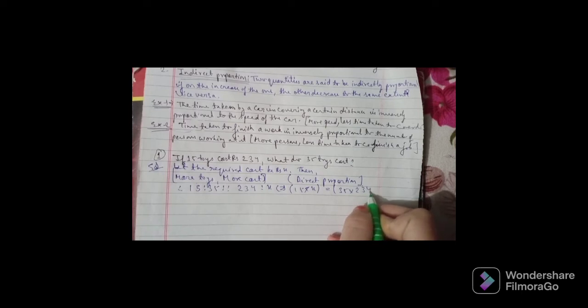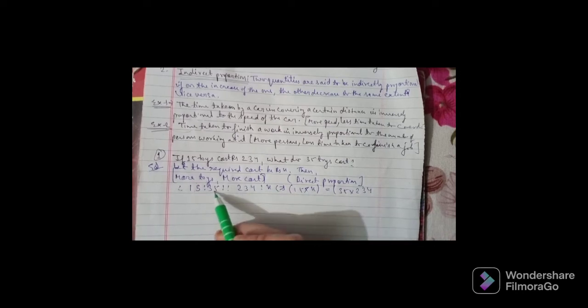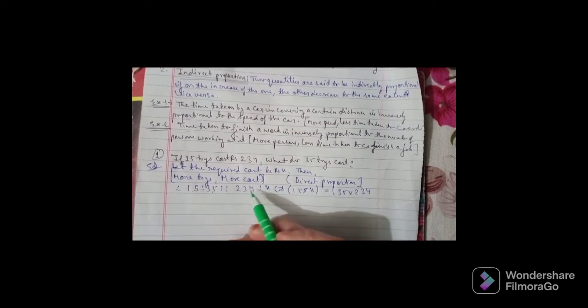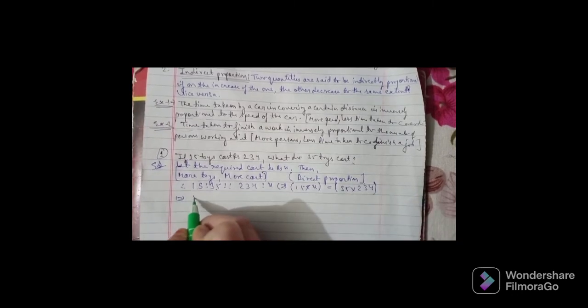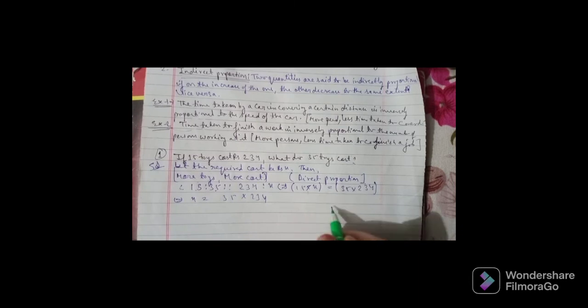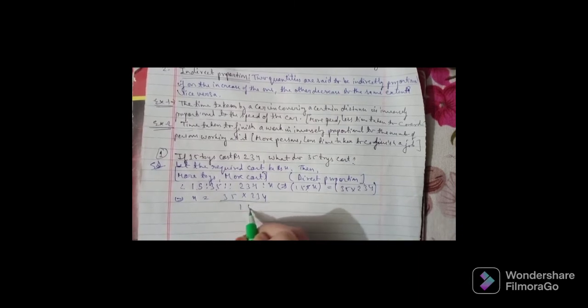Okay, then this is on divide: 15 upon 35 and 234 upon X. So X will multiply 15 and 35 will multiply 234. That's what I had written here. So this is basic. If you don't know, you can just write it down. X equals 35 into 234 by 15. जो X के साथ था वो नीचे चला जाएगा, that is 15 in the denominator.